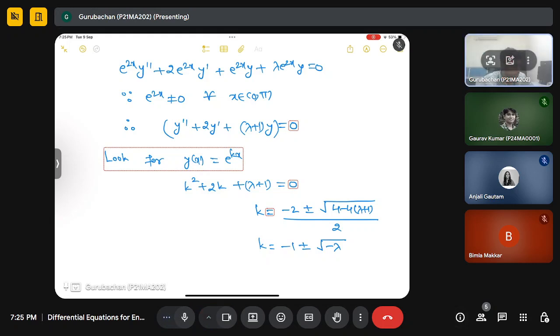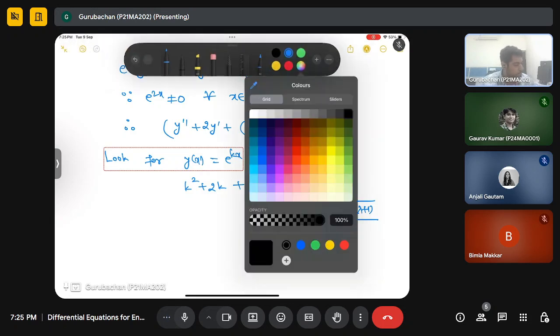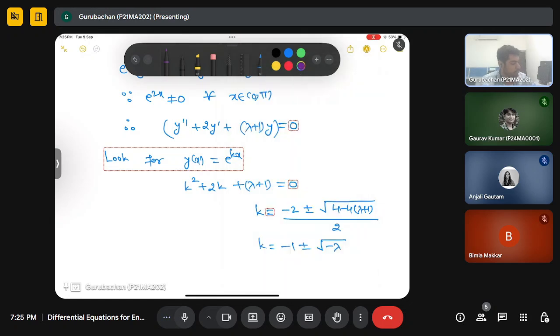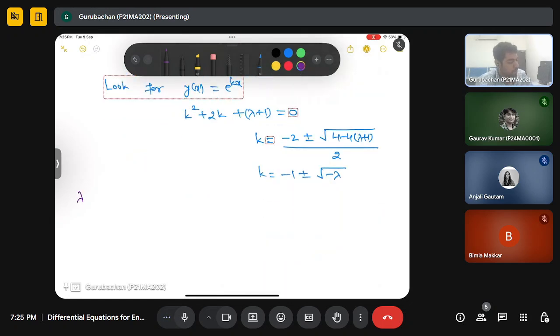So let us start with the first case. First case will be lambda equal to 0.